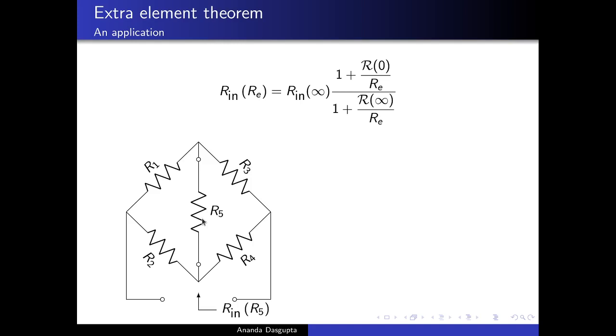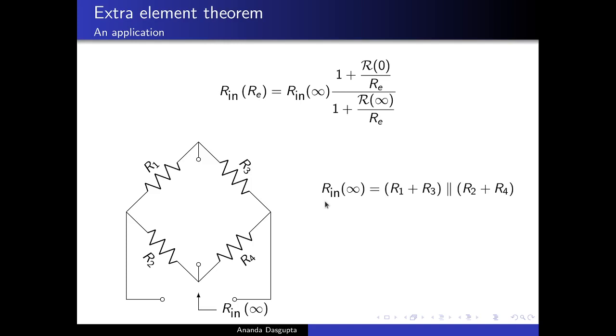So remove the extra element, R5 is no longer there, but these two terminals are still there. Find the impedance between these two terminals when the input is shorted. And curly R infinity, which is find the impedance between those two terminals again, but this time with an open circuit between the input terminals. Now all of these three are actually very easy to calculate for our Wheatstone bridge.